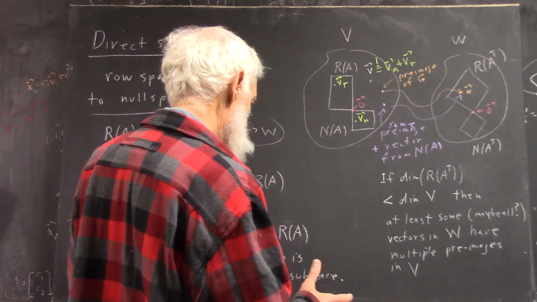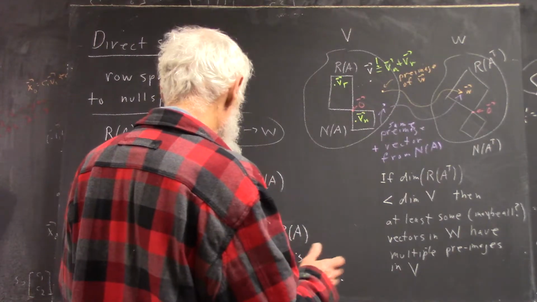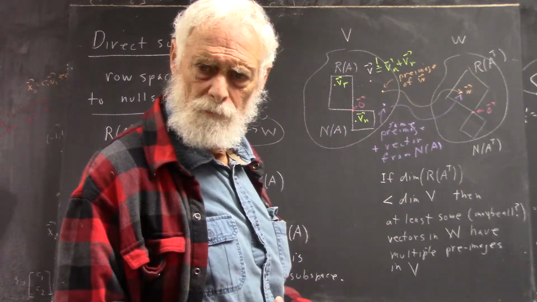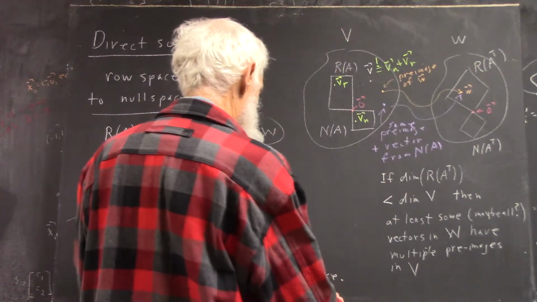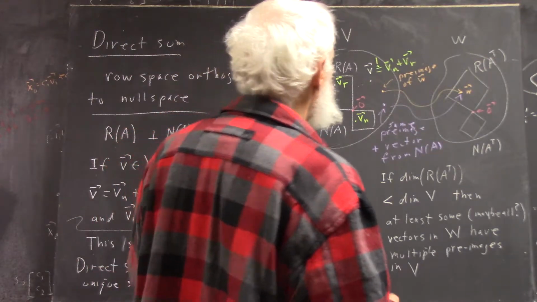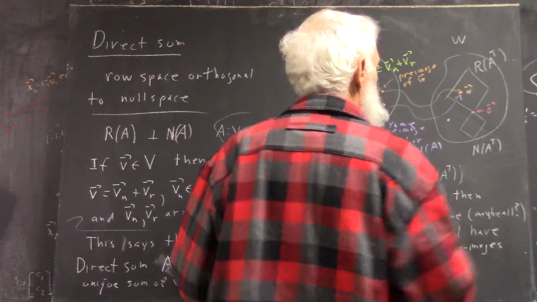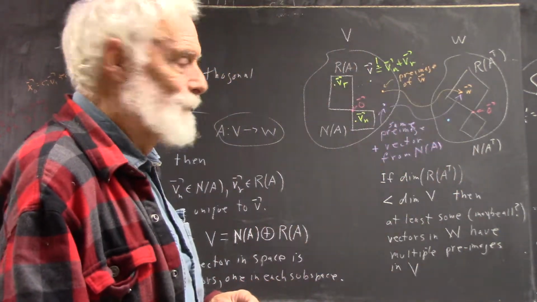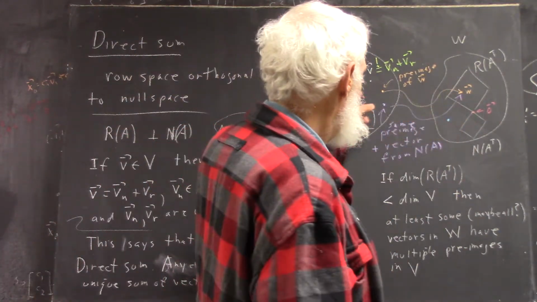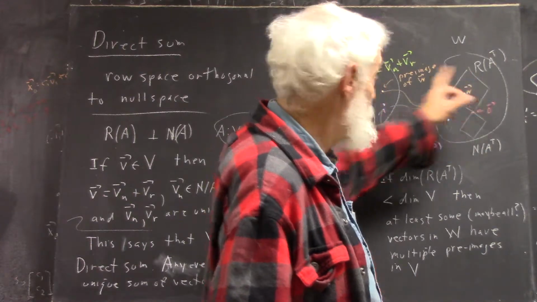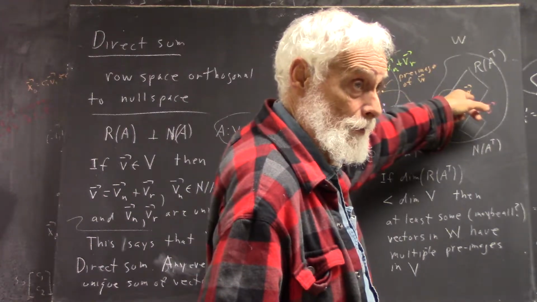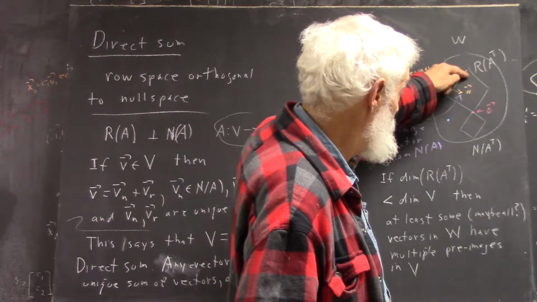Okay, so here's a vector. It's not an image of any vector from here because all these vectors go here. But it is a sum of something here and something here.